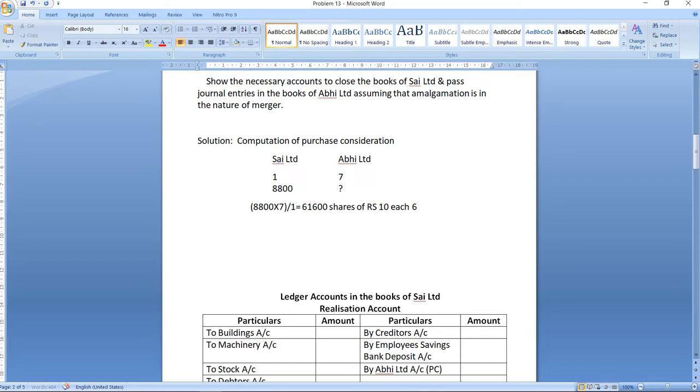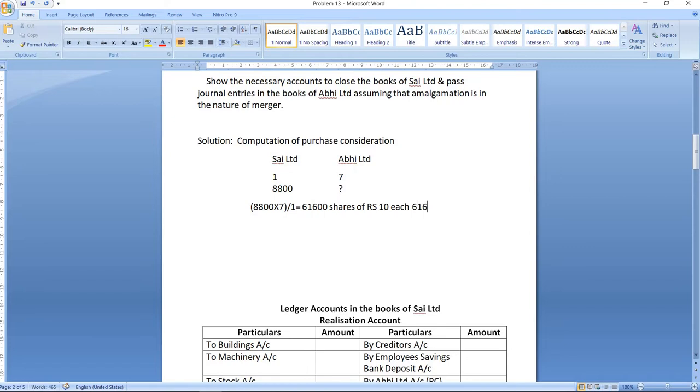So that will be 6,16,000. So your purchase consideration will be 6,16,000. So this is how you calculate purchase consideration. Okay, I hope this is clear.